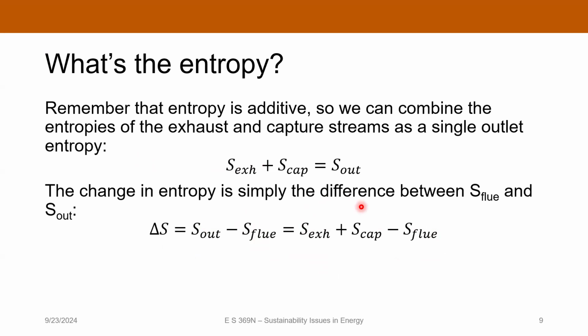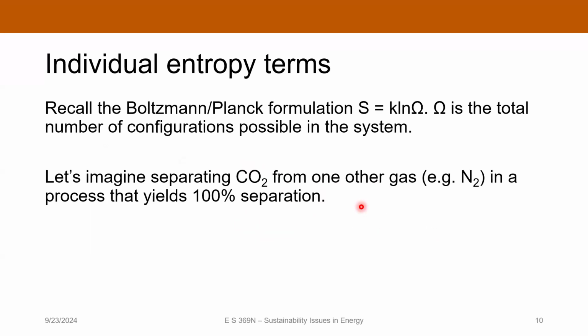Now let's get to the nitty-gritty of what that entropy actually is. So, the Boltzmann-Planck formulation of entropy. Entropy is the Boltzmann constant times the natural log of the possible number of configurations of each system. So we can define what that is if we think about doing a perfect separation here.